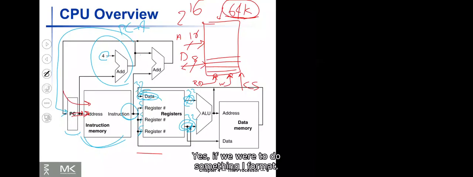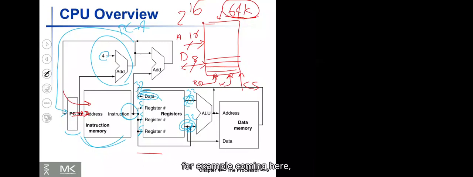Yes? So if we were to do something in I format, for example, there would only be 2 registers. Exactly, yes. We will go through that because the CPU is going to decode the instructions. When it is I format, it knows that we have RS and RT, and the RT is the destination in the I format.